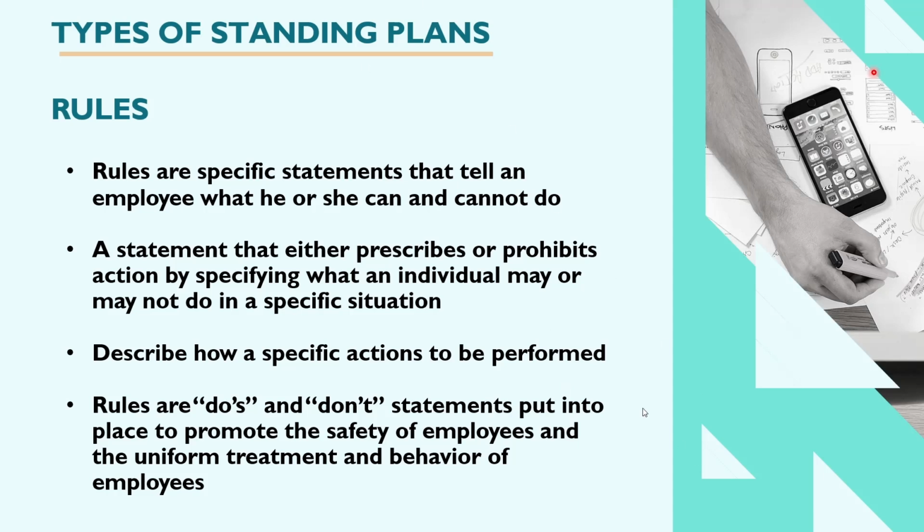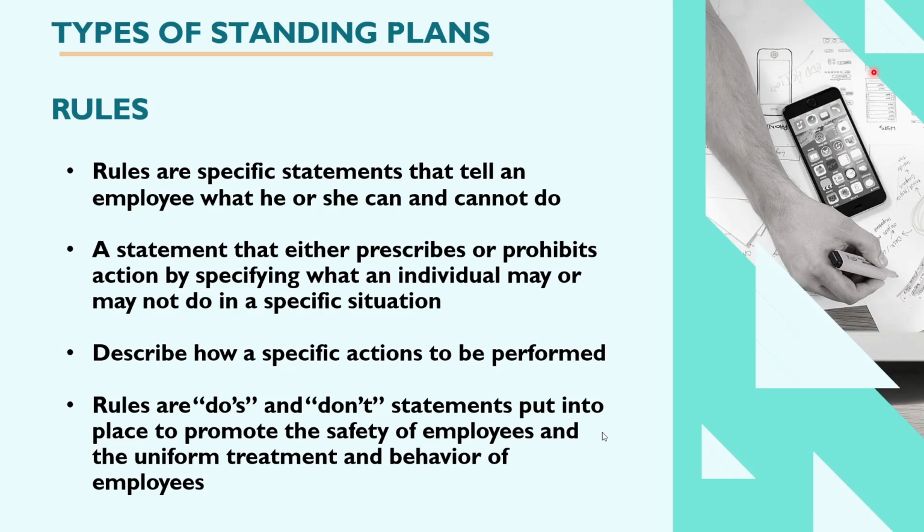Let's say for example inside the organization, merong rule ng mga nasa construction ka. For example, you have to wear protective gear when entering the construction area, the production area. So that is straightforward instruction that employees must follow. Okay. So isipin na lang natin na ang rules are do's and don'ts in the workplace.